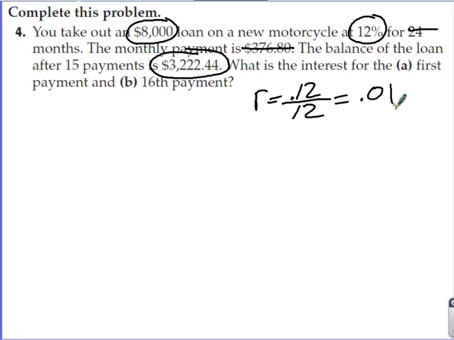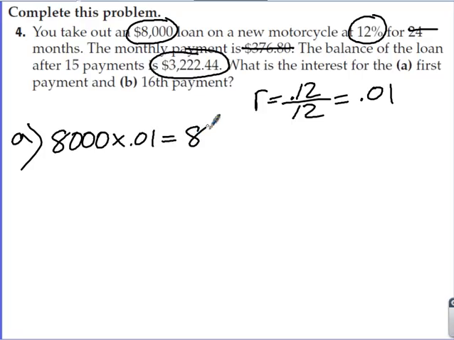Okay, part A. What is the interest for the first payment? 8,000 times 0.01 is $80. Part B. Find the interest for the 16th payment.